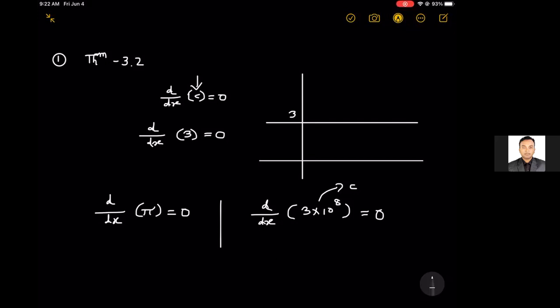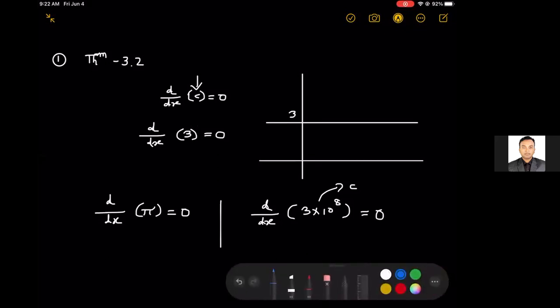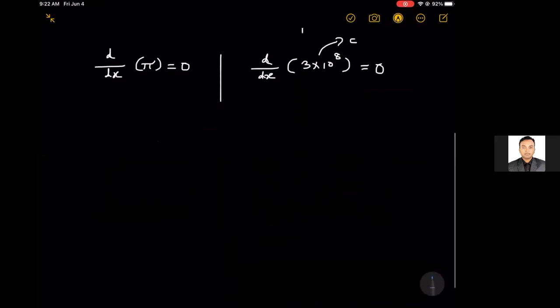But again, it's really easy to get carried away and use it in the wrong sense, because if you see anything like 3x or something, this 3 is a constant.